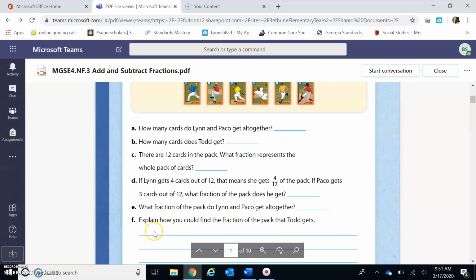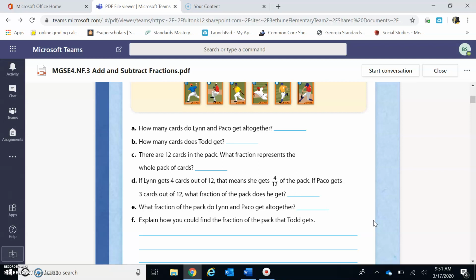All right, it says explain how you can find the fraction of the pack that Todd gets. So this is how I would explain it. Lynn gets 4/12 of the pack of cards. Paco gets 3/12 of the pack of cards. 4/12 plus 3/12 is equal to 7/12.